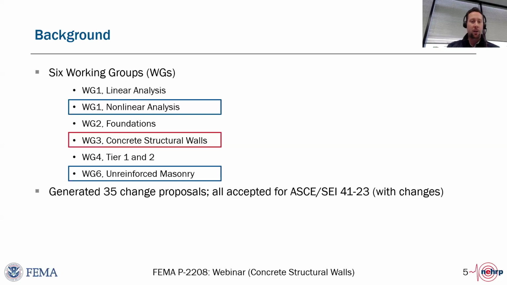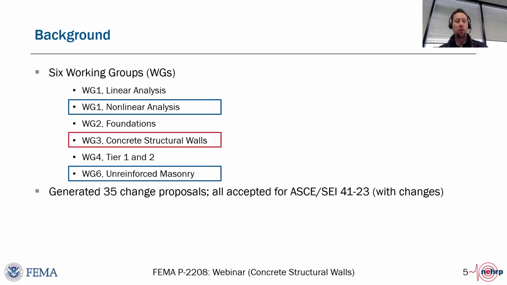There are 3 different webinars that came out of those working group technical backgrounds, like the one today. The other 2 have already been presented for nonlinear analysis and unreinforced masonry. And then, as I mentioned already, and as you're hopefully well aware, this one is all around the concrete structural wall technical background for the provisions in ASCE 41-23.